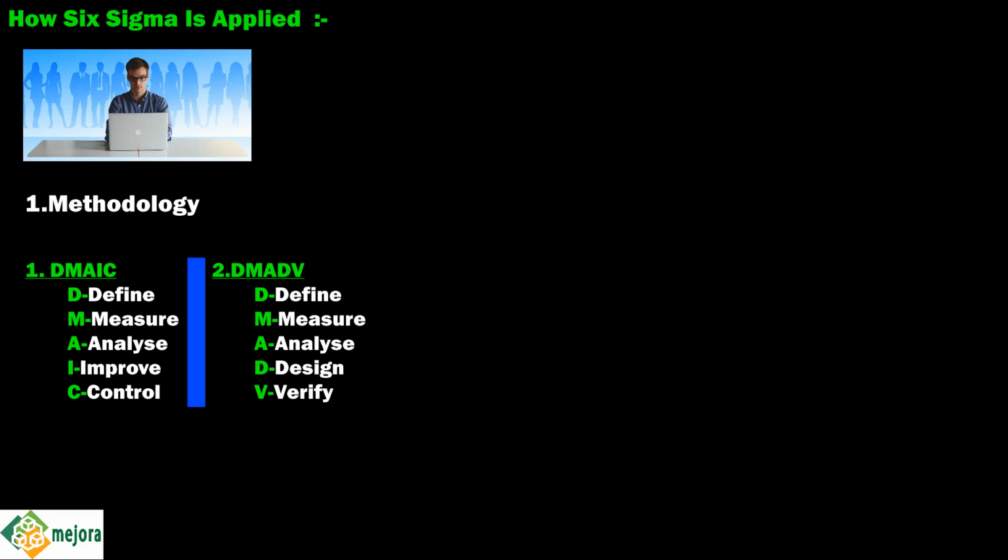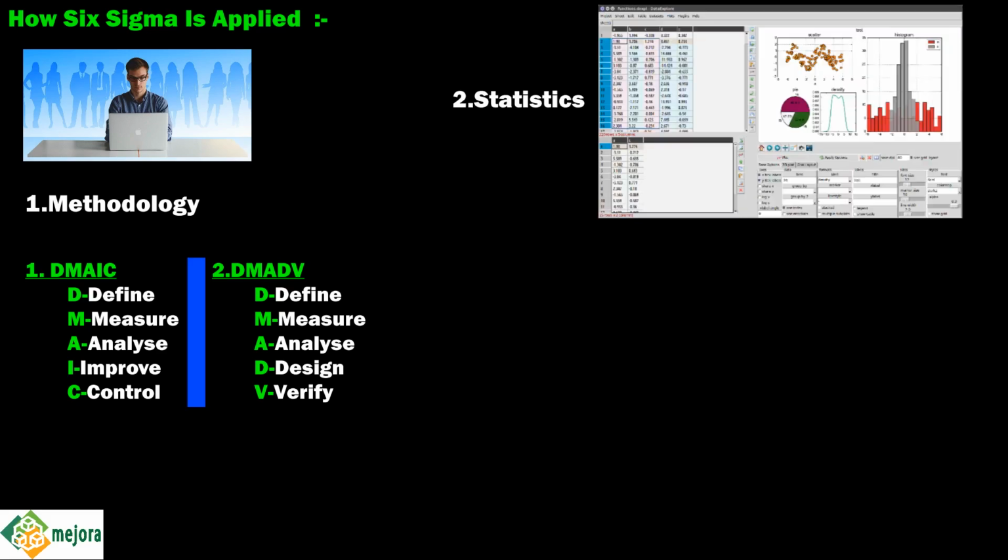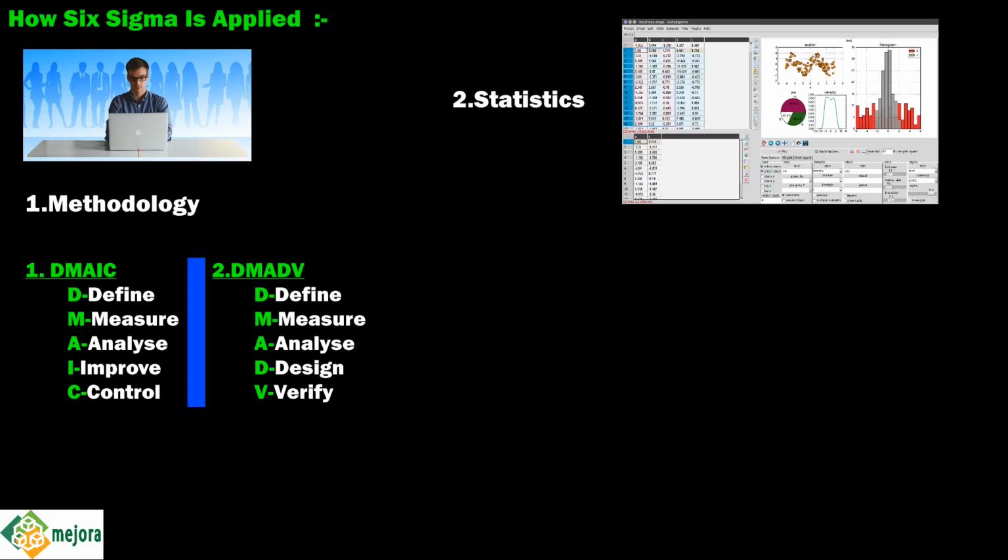While all these methodologies are used, embedded in the methodologies are the statistical tools. It can be a basic fundamental tool, from central tendency, mean, median, mode, to most advanced tools like factor analysis, principal component analysis, and lots of process control or process improvement tools.